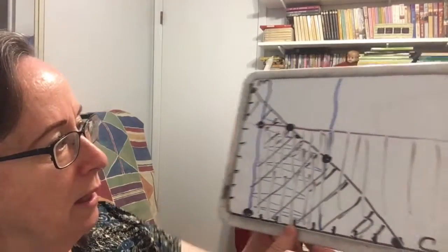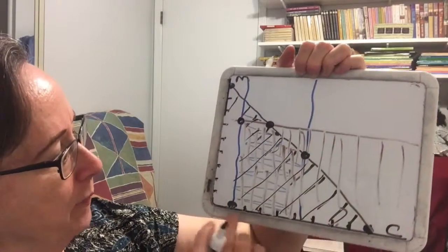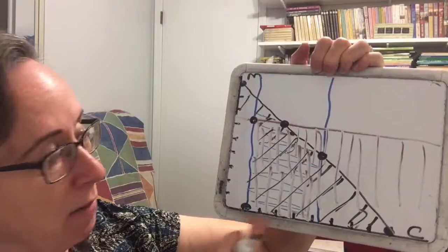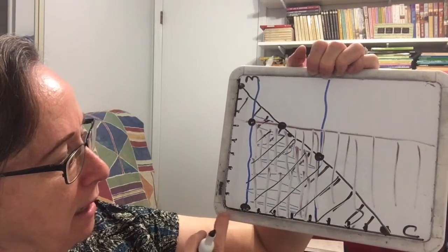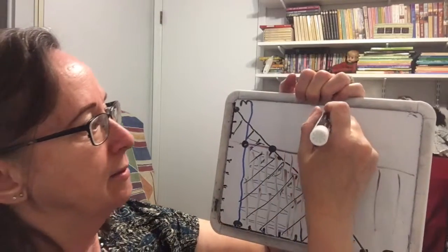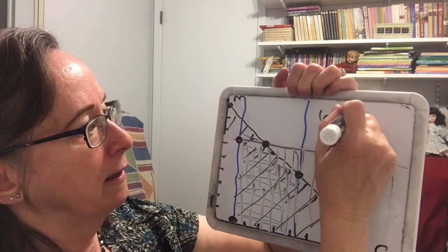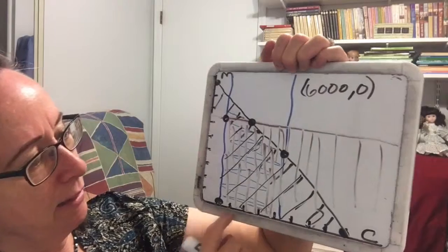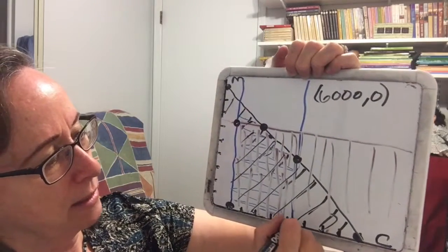Okay, so let's put our points up here. So this point right here, remember, was 6,000, and it's right at the 0 line, so that was 6,000, 0. We're letting the C be the X. And then this point right here, oh, we didn't mark this one.